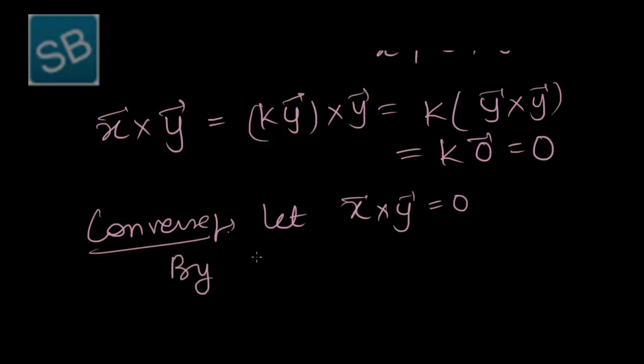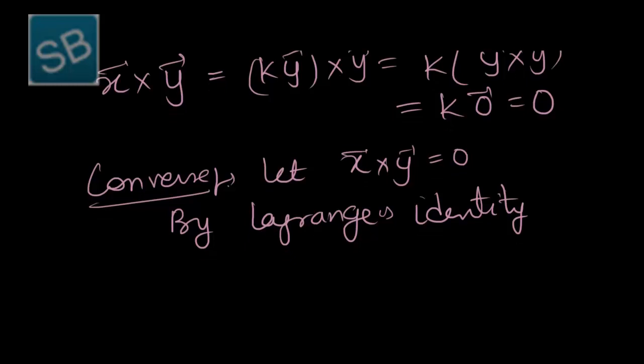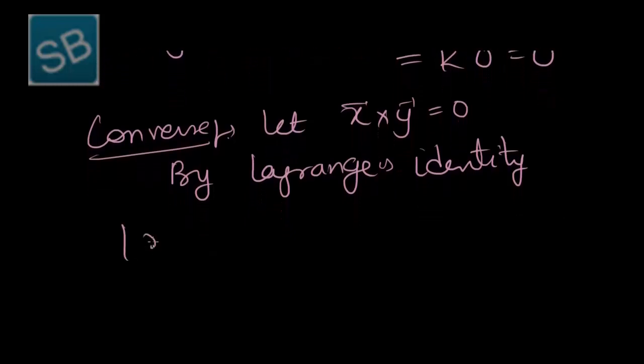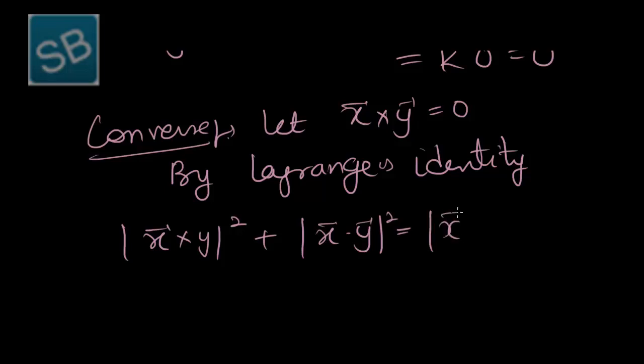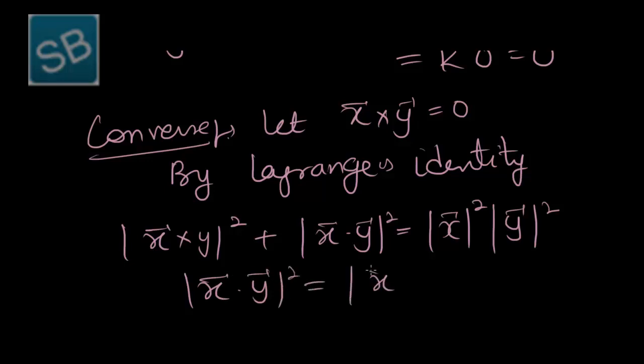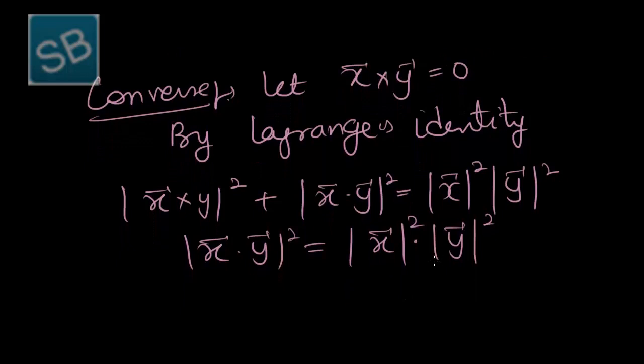So by Lagrange's identity, we have magnitude of x cross y square plus magnitude of x dot y square is equal to magnitude of vector x square times magnitude of vector y square. As x cross y is 0, therefore it becomes magnitude of x dot y whole square is equal to magnitude of x square times magnitude of y square. Dot means simple product here. This is a product of scalar quantities.